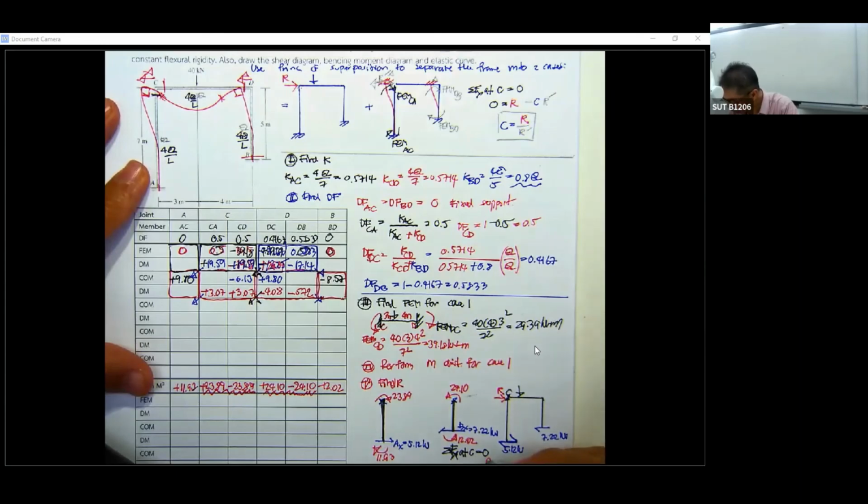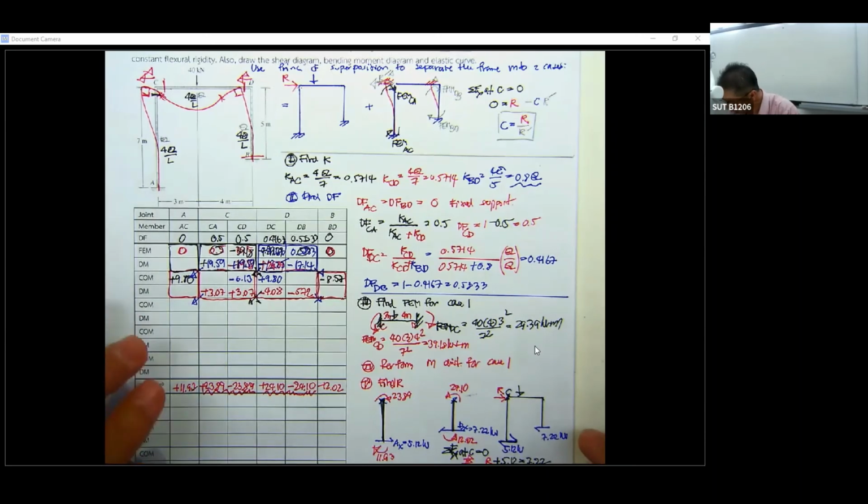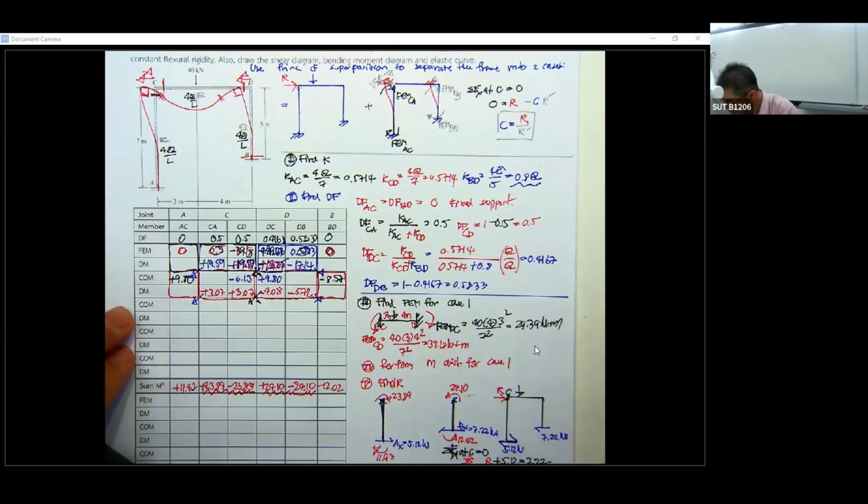So your R moving in this direction is positive. It's going to be plus 5.12 minus 7.22, equal to 0. So your R is going to be 2.10 kilonewton, in this direction.